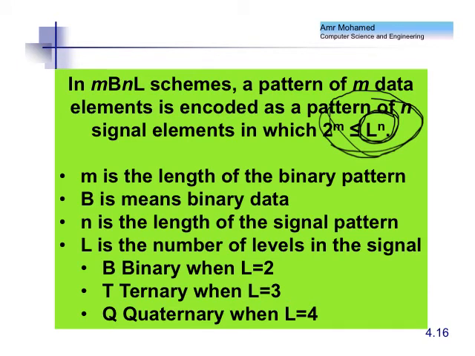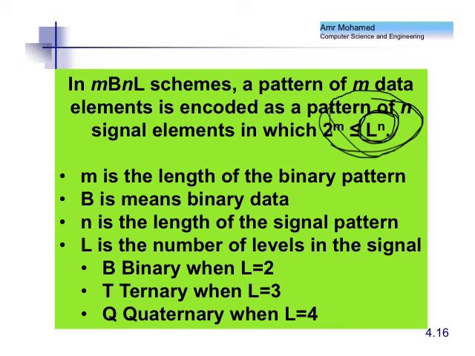So N is the length of the signal pattern, or the number of signal elements. And L refers to the number of levels used in each signal element. Okay? So again, N is the number of signal elements. For each signal element, I can use 2 levels, 3 levels, 4 levels, 5 levels, as I want. Okay?